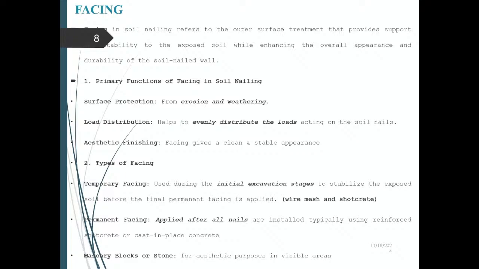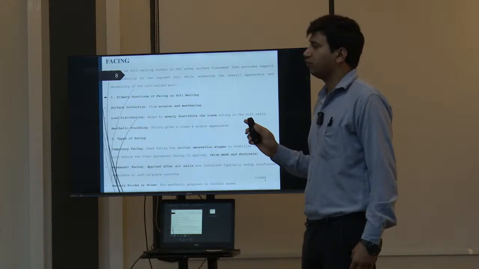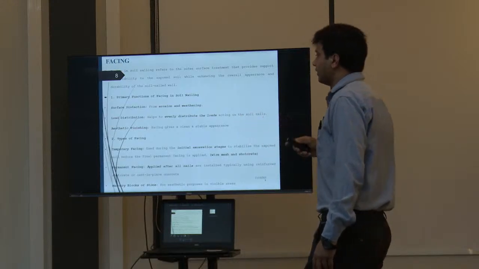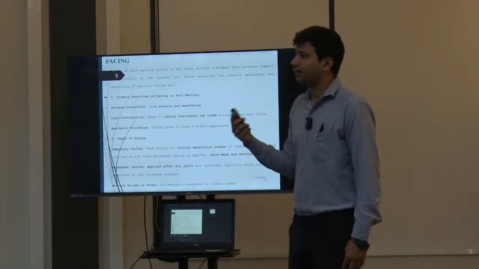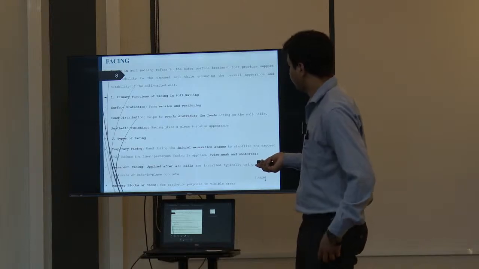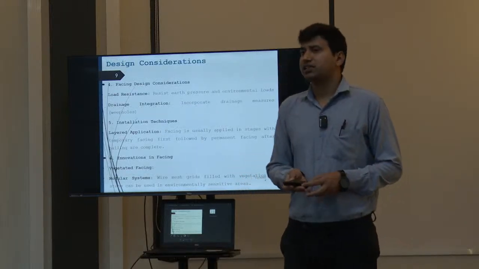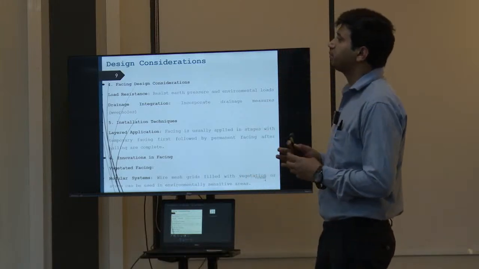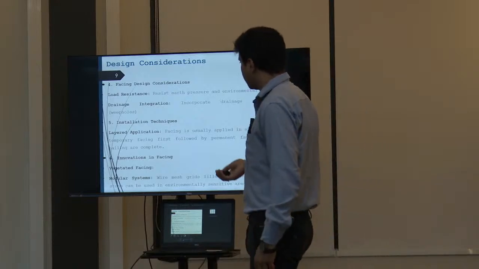And the permanent facing is the final facing we apply at the last stage, normally with the help of bricks and different molds or different shotcrete. So now the various design considerations: the facing also provides the load resistance and overall stability to the structure.